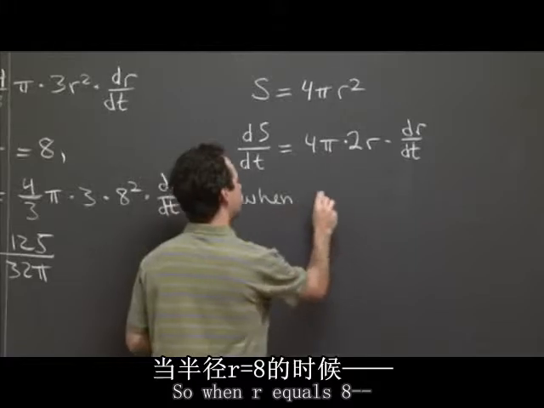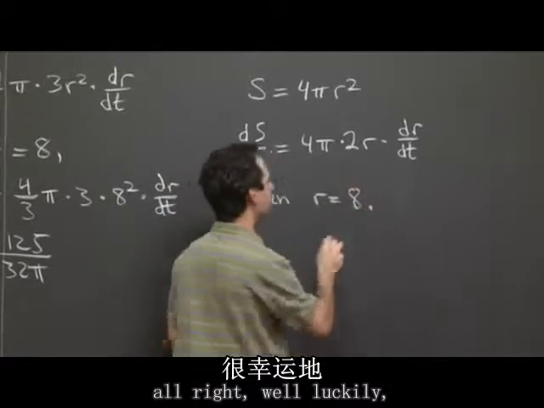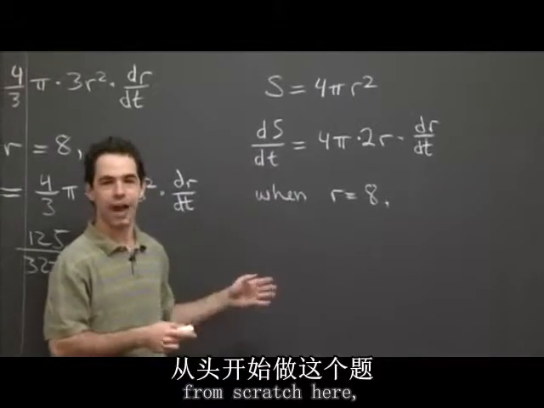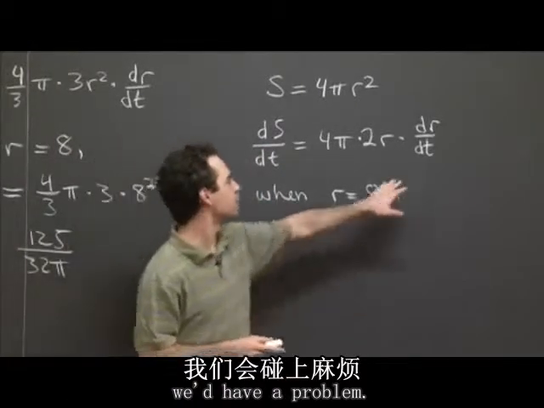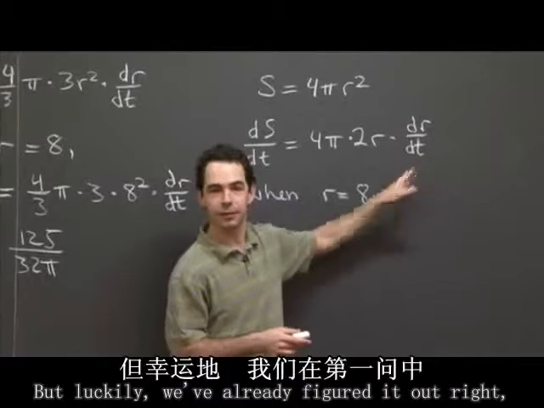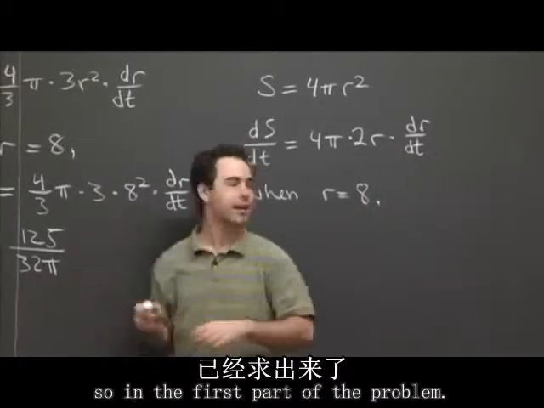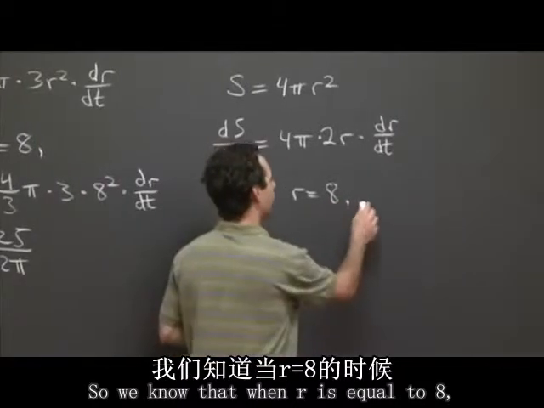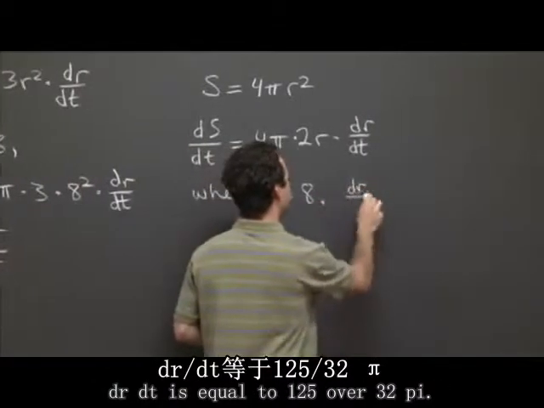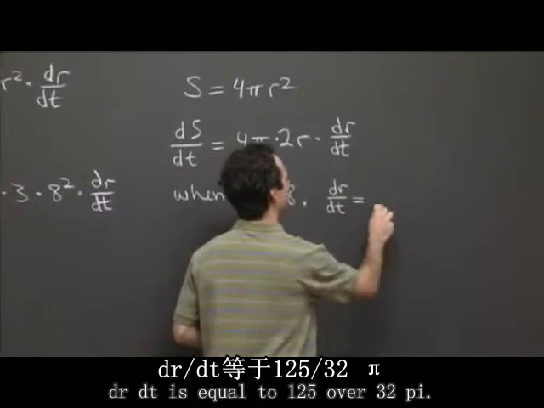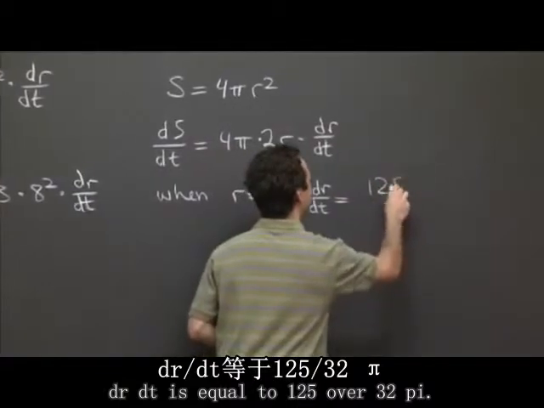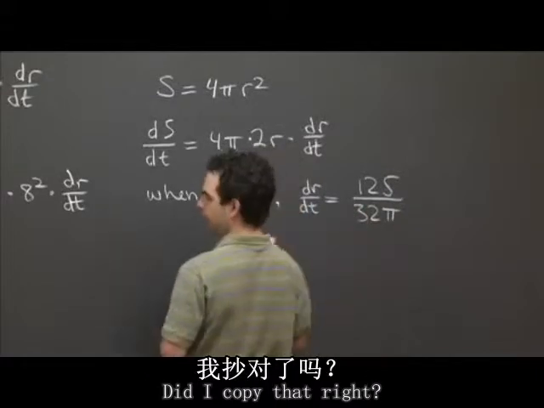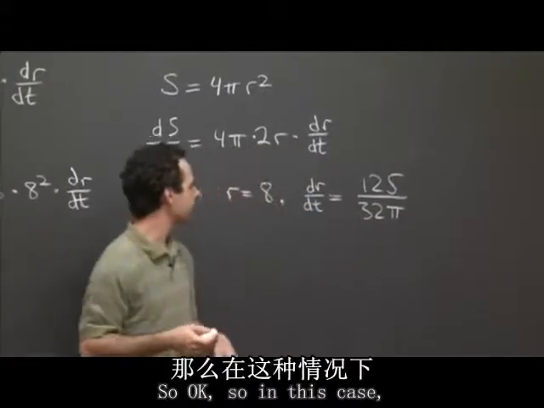When r equals 8, luckily, if we were starting this problem from scratch, we'd have a problem, which is we wouldn't know what dr/dt was. But luckily, we've already figured it out in the first part of the problem. So we know that when r is equal to 8, dr/dt is equal to 125 over 32 pi. Did I copy that right? Yes, I did.